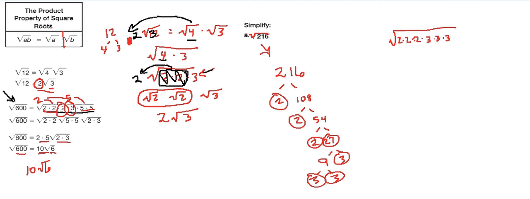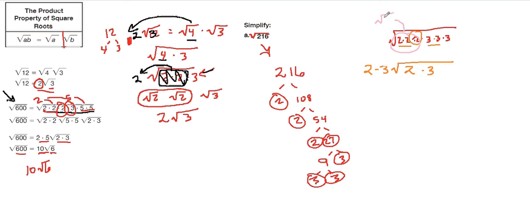Then we pull out the pairs. Here's a pair. Here's a pair. The rest goes back under. We have a 2 and a 3. One more time, and I know someone's going to make this mistake, but notice when I pull out the pair, I do not pull out 2 times 4. I pull out 2 times 2.